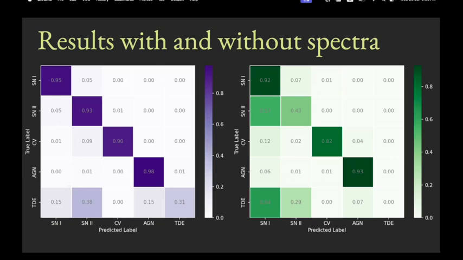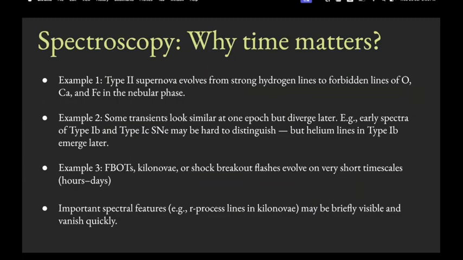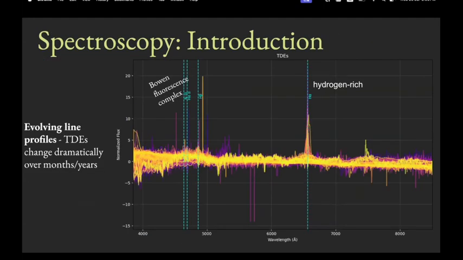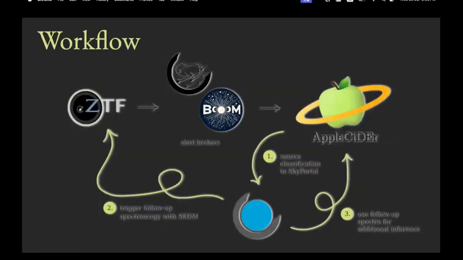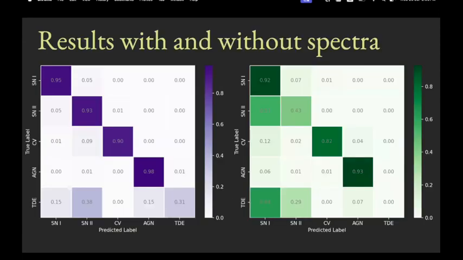Because if I go back here, the key characteristic of the TDEs is that they really change over time. So we haven't passed this information, and we do expect that if we use multiple epochs from the spectra, then we can have an even better confusion matrix, so even better classification.